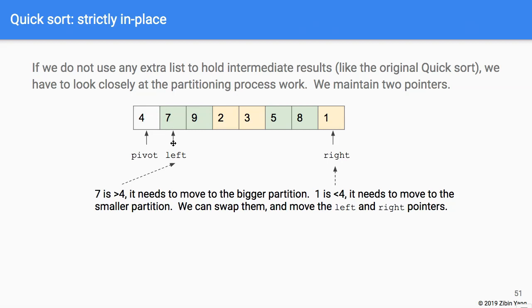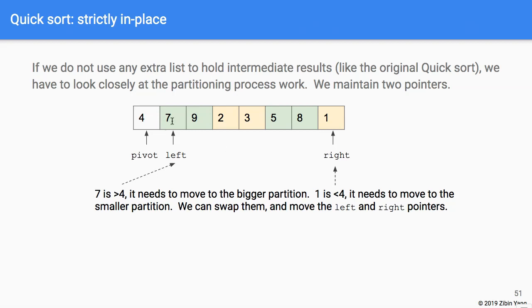Now 7 is bigger, so we have to move it. Where do we move it to? Well, look at the right pointer. The right pointer right now is pointing to the number 1. Number 1 is smaller than the pivot, so we know 1 is also in the wrong part of the list.